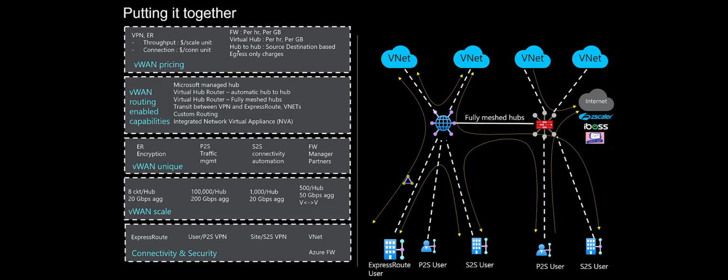You get transitive capability between VPN, ExpressRoute, all of your virtual networks, and then the ability to have dynamic custom routing from your virtual networks where they're learning routes from either the branch locations or other virtual networks within your environment. You don't have to constantly go in and make changes to those user-defined routes. Those route tables can dynamically learn new networks, new routes, as you associate your route table to new connections or new labels to propagate those routes.